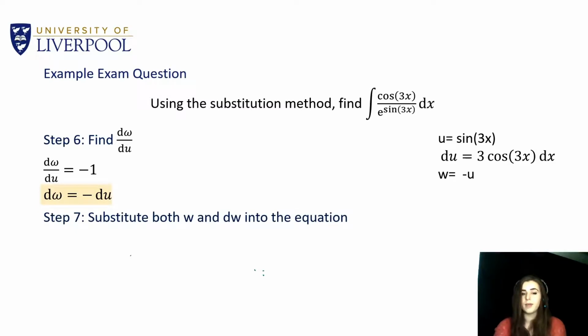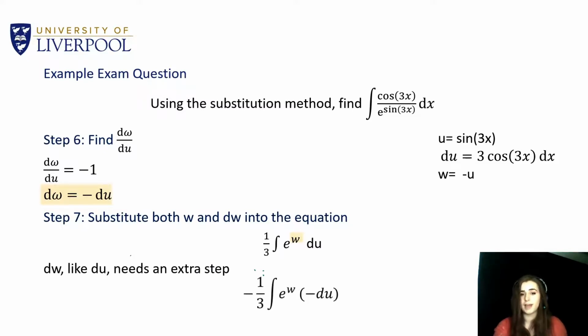So now we can substitute both w and dw into the equation. w is really easy, we just replace the power, but dw, like we did with du, needs an extra step again. So here what I've done is I've changed our factor of a third to minus a third so that we can change du into a minus du.